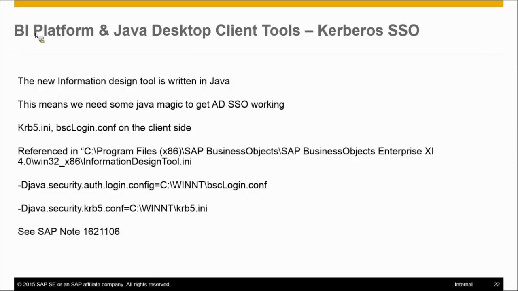It's typically saved under the Enterprise XI4 folder. You will save a krb5.ini file and a bscLogin.conf file, and then you will set some parameters within these files. If you want more detail, you can refer to the SAP note 1621106.